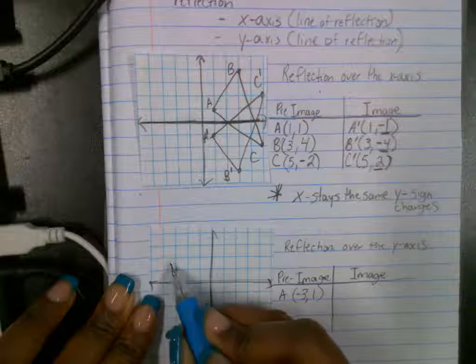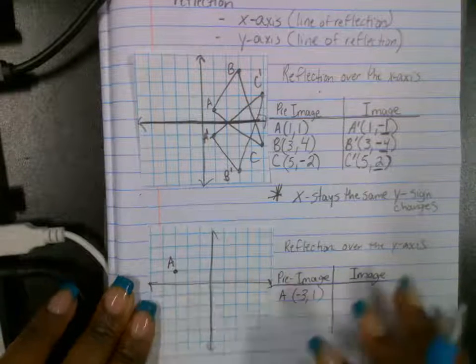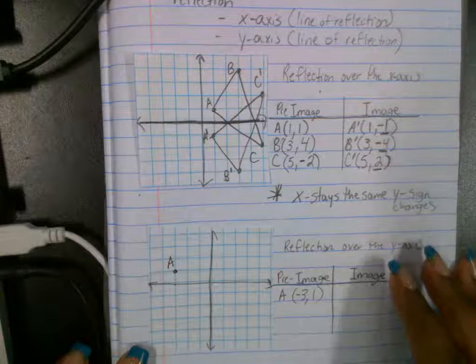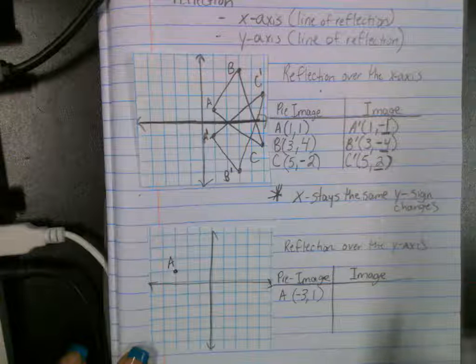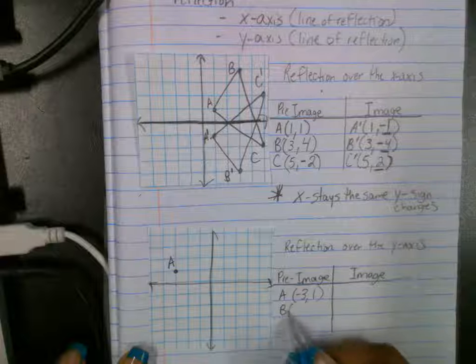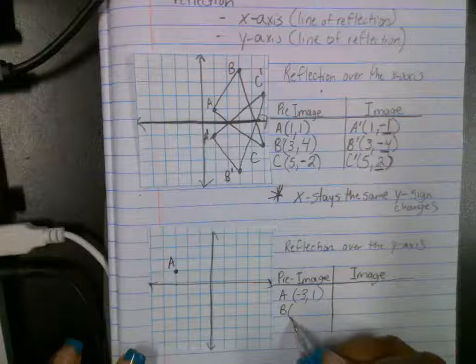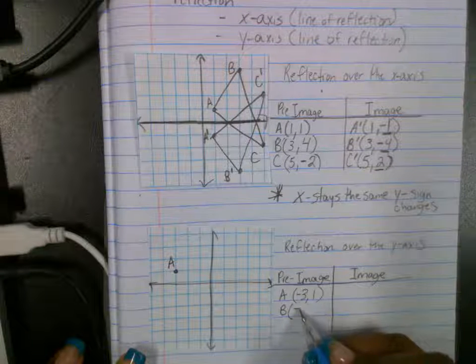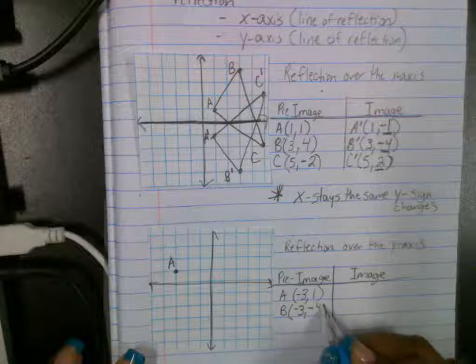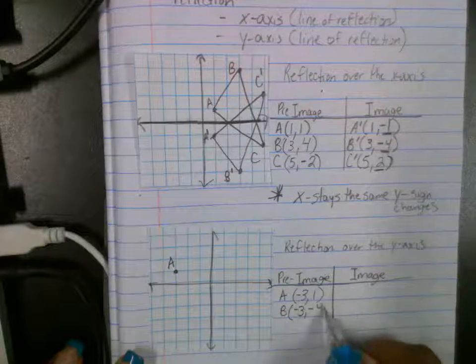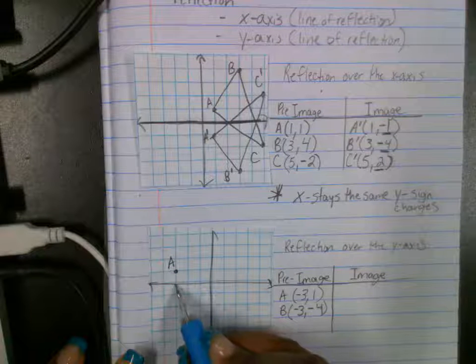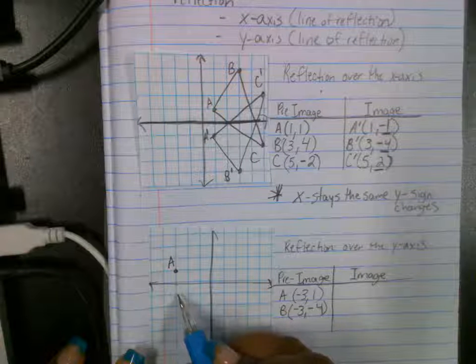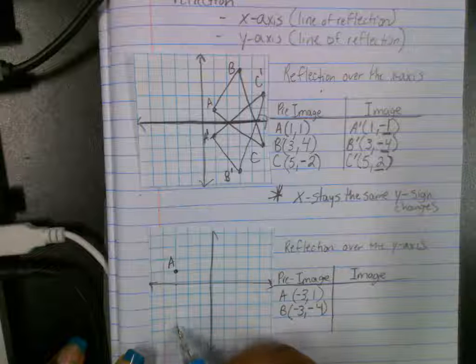So this is A. Let's do B at -3 and -4. That's -3 to the left, 1, 2, 3. -4 is down, 1, 2, 3, 4.